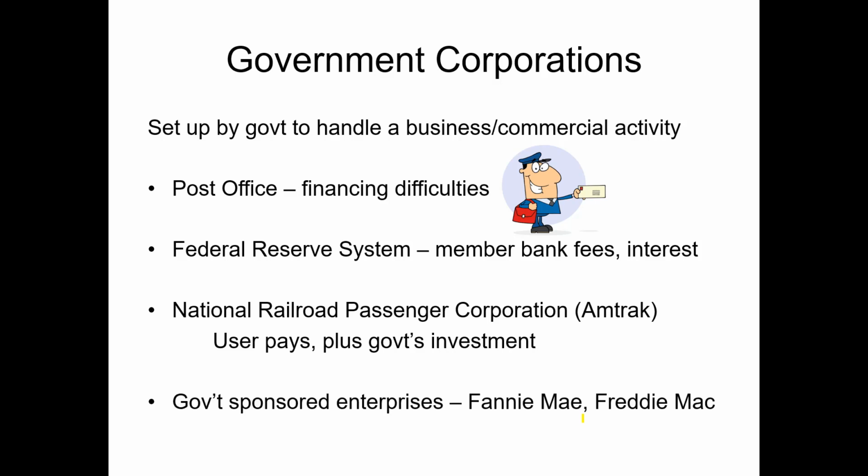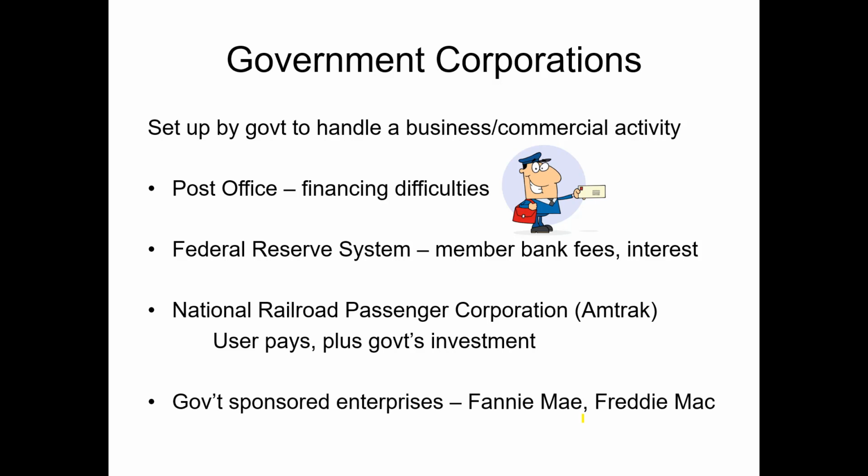The government-sponsored enterprises such as Fannie Mae and Freddie Mac are set up by the government to provide, particularly in these cases, low-interest loans for homes, to enable more people to get into owning their own home.